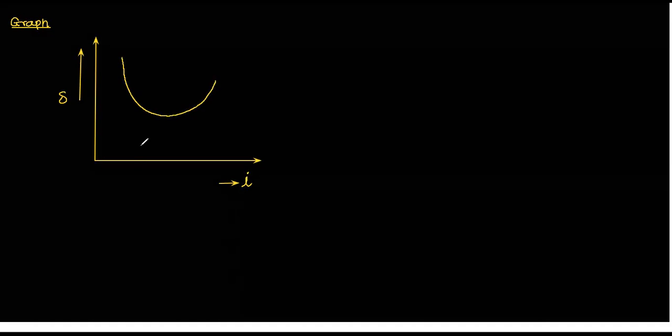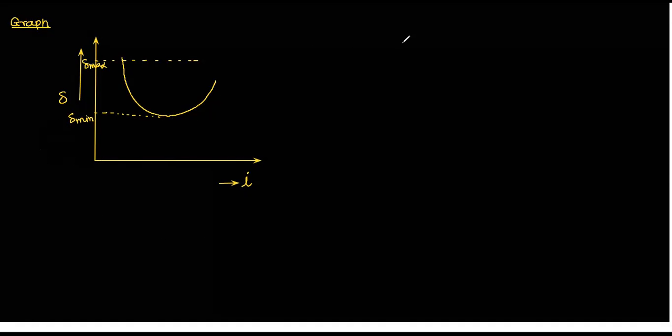Okay, like this. So this one is delta minimum, this one is delta maximum, right? And this is the angle of incidence. Like this graph you will get, that is angle of deviation versus angle of incidence.